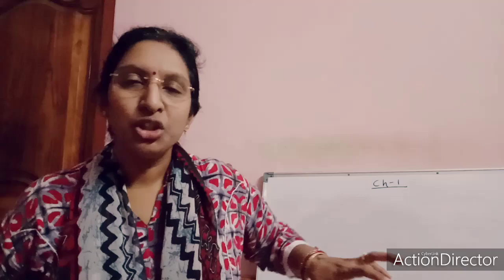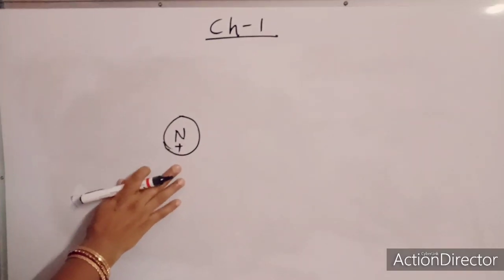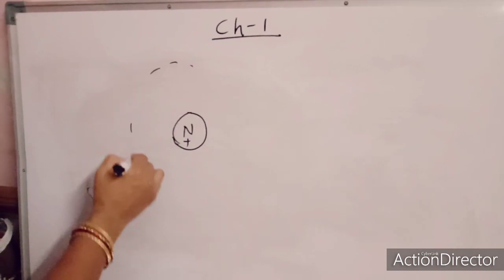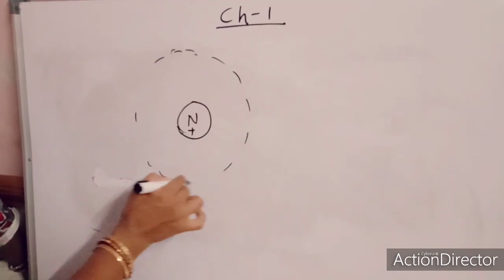So you know, an atom you can imagine as a nuclear field, or a charge field. In the center, the nucleus is positively charged, and around it the charge field is experienced.